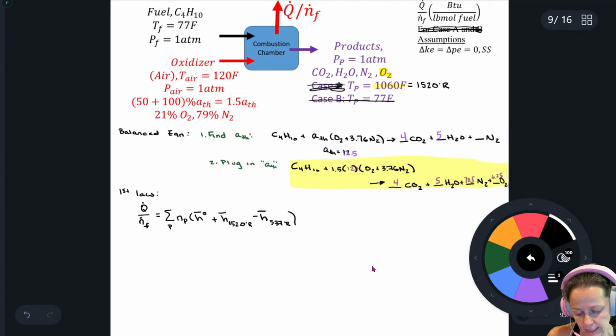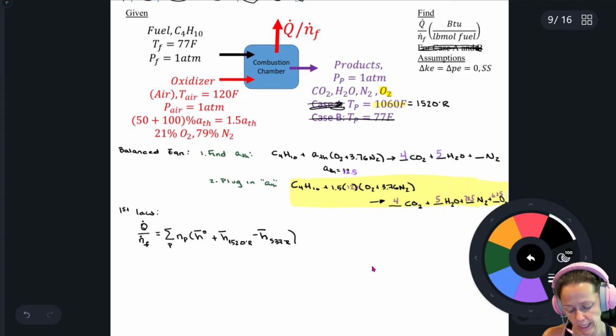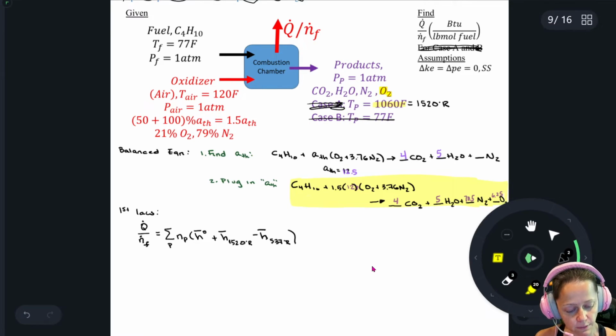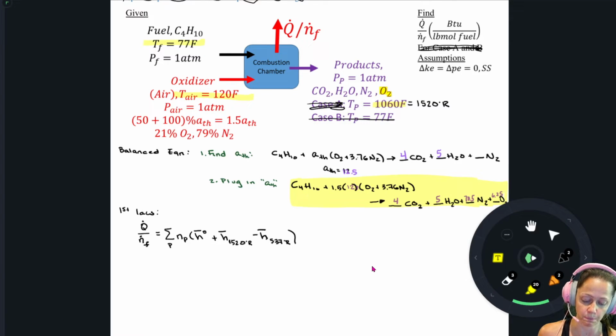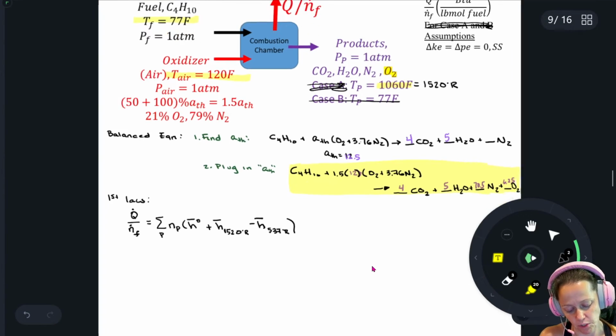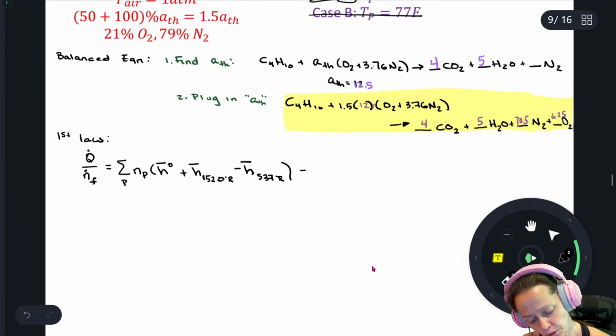Now I look at my reactants. I've got to be careful here because I've got two different temperatures. I've got the temperature of my fuel, and the temperature of the air. So I can't write it as nicely and neatly as I would like in this equation where I'm not plugging in numbers quite yet.